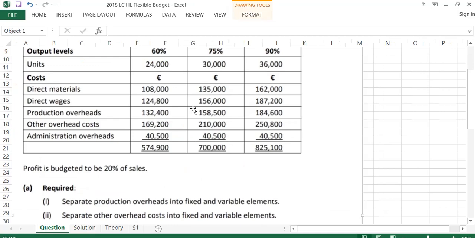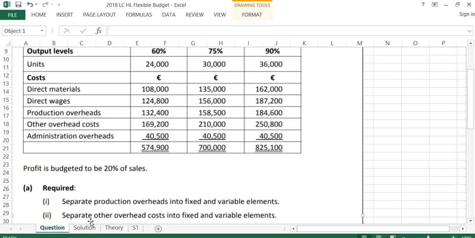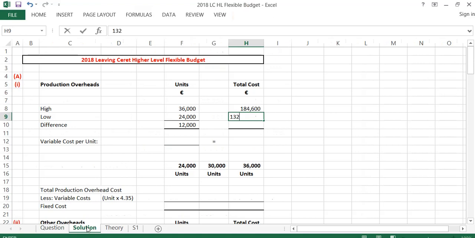We're going to do the same for the total cost. If we go back to the question, the highest total cost for production overheads is 184,600, and the lowest cost for production overheads is 132,400. So the difference will be 52,200.